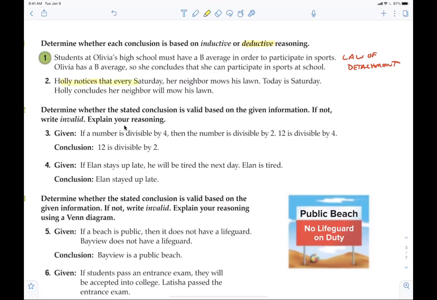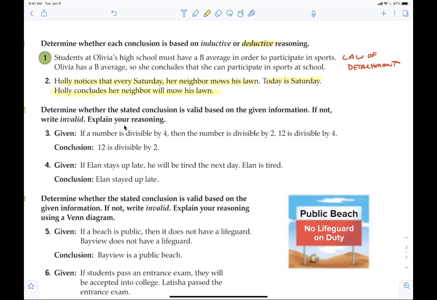Holly notices that every Saturday, her neighbor mows the lawn. Today is Saturday. So does everybody understand what I'm saying? It's kind of a little iffy, right? I would probably say, honestly, this is inductive reasoning. Why would I say it's inductive reasoning? Because she's making an observation. She's observing that the neighbor is mowing the lawn every Saturday.